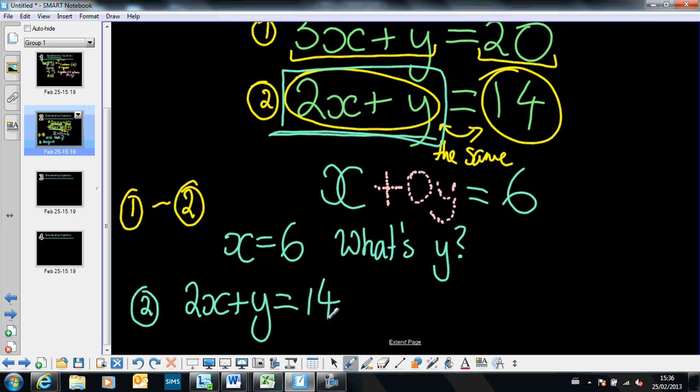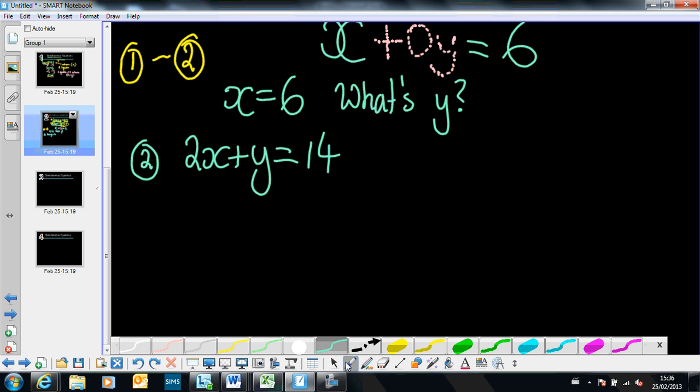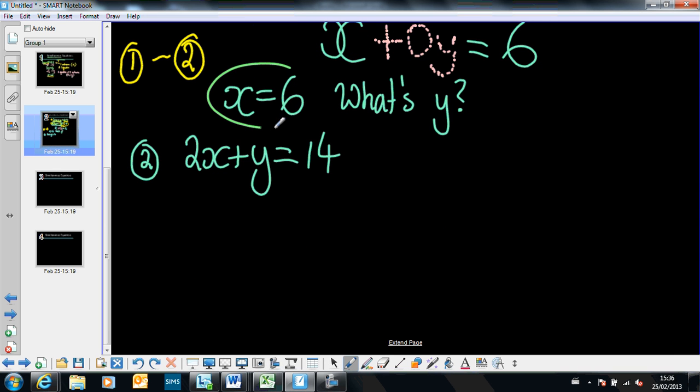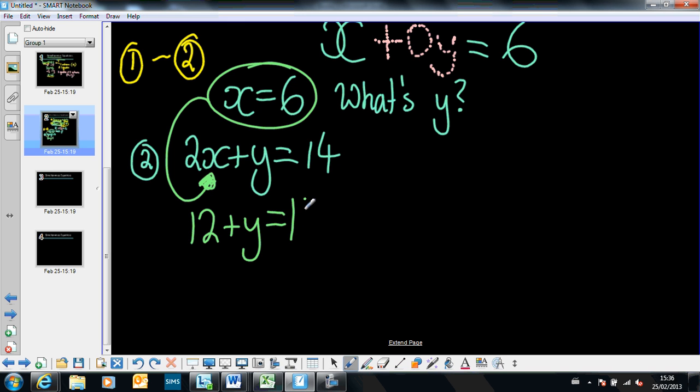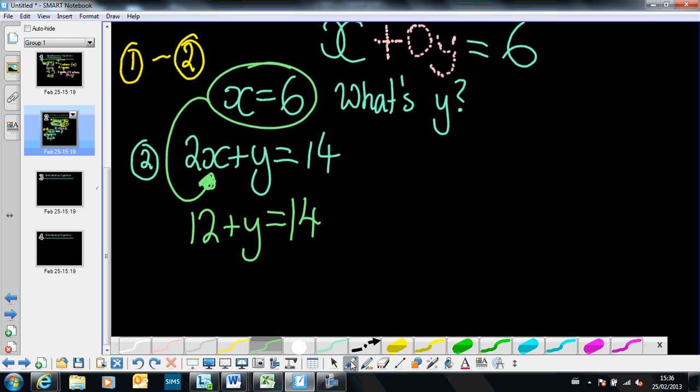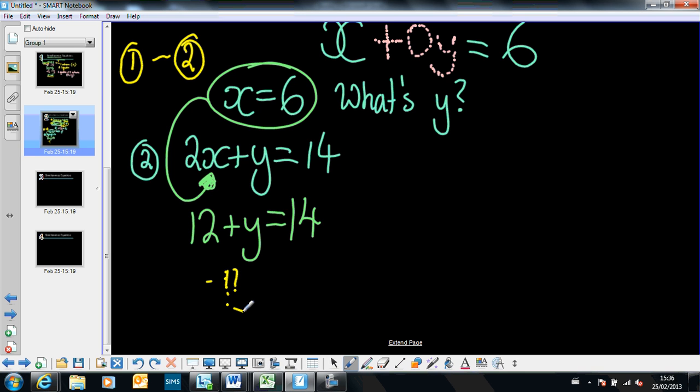And I'm going to substitute in the value of x that I've just found. So I'm going to put in the value of x into that equation, and that gives me 12 plus y is equal to 14. So if I take away 12 from both sides, I get y is equal to 2.